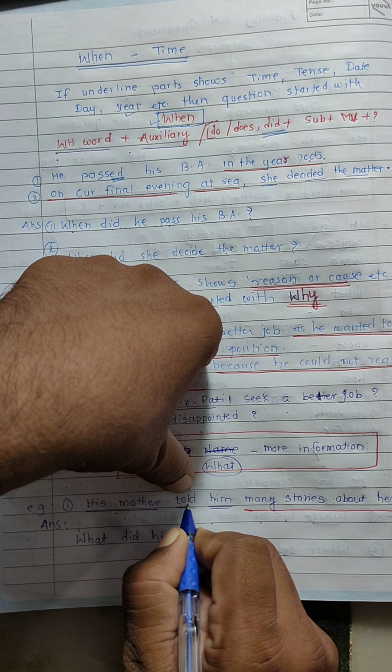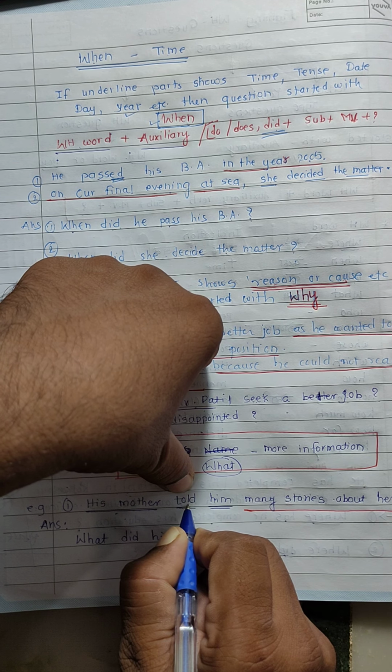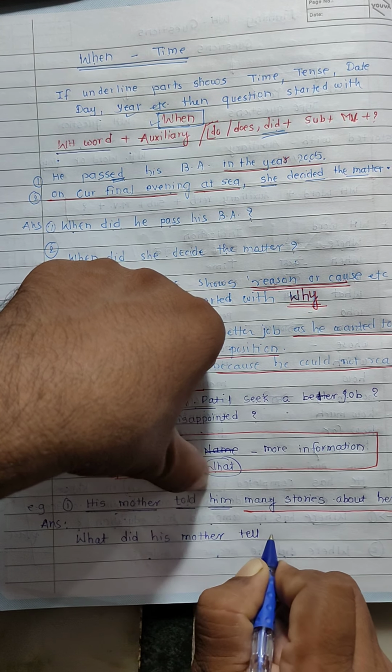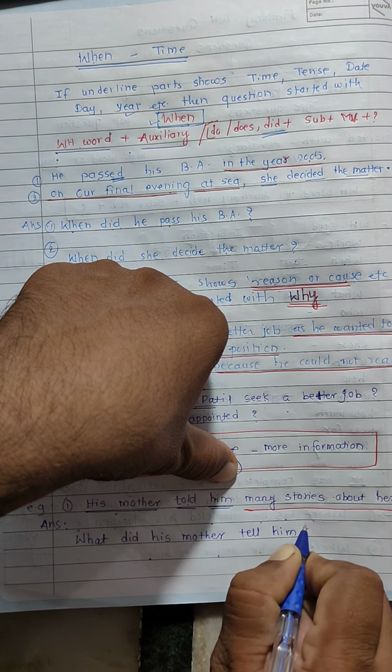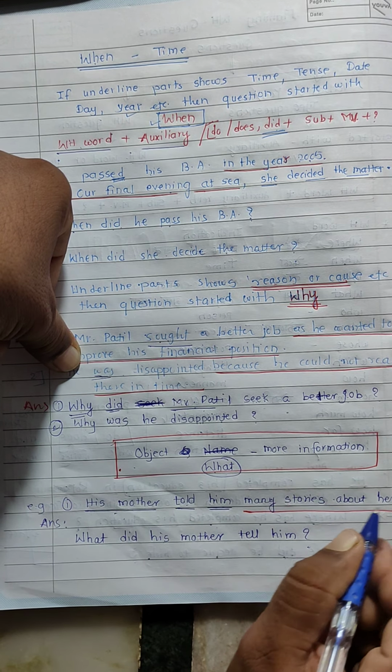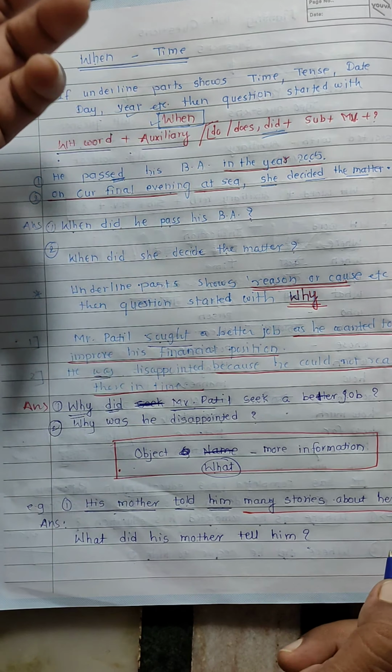Told has changed to the first form, tell, and the remaining part is him, and it ends with a question mark. What did his mother tell him? Many stories about heroes. That is our answer.